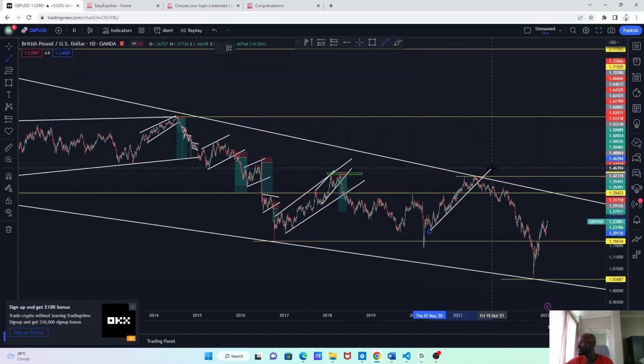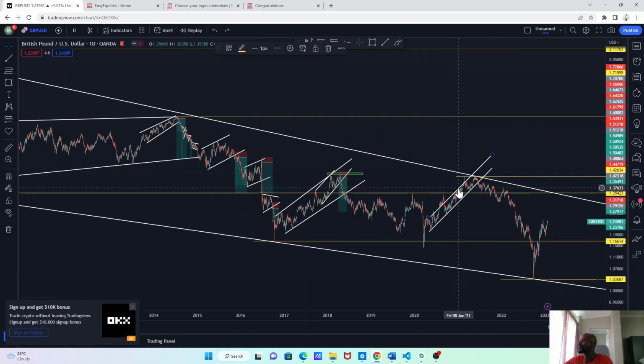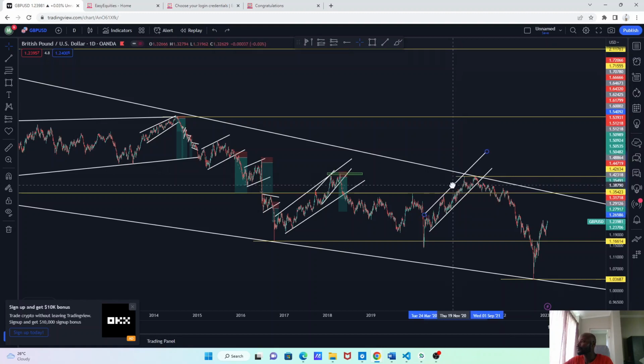Let's connect these areas. Okay, so the market is forming a downtrend here, but the dominant trend is to the downside. So we are obviously targeting the down movements.